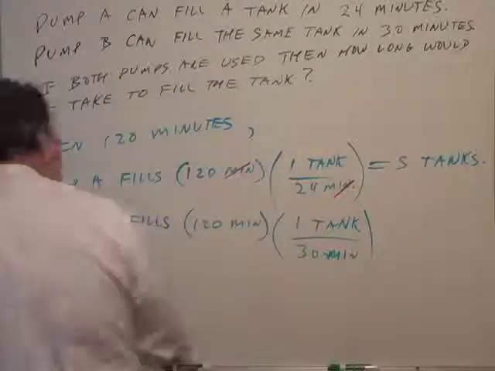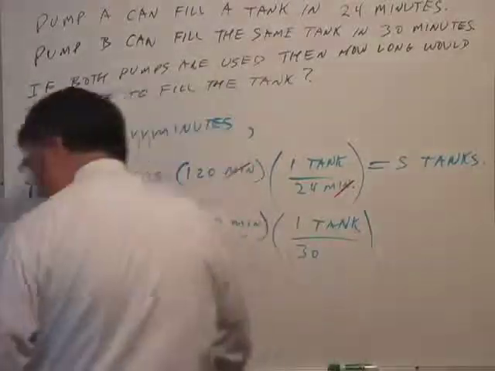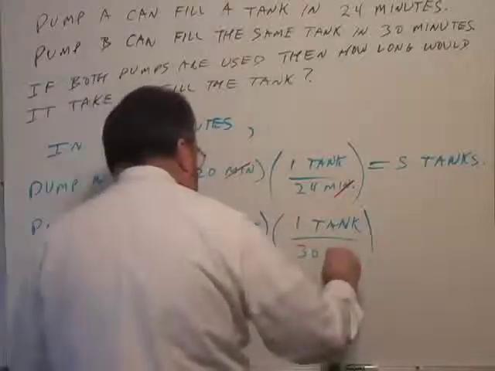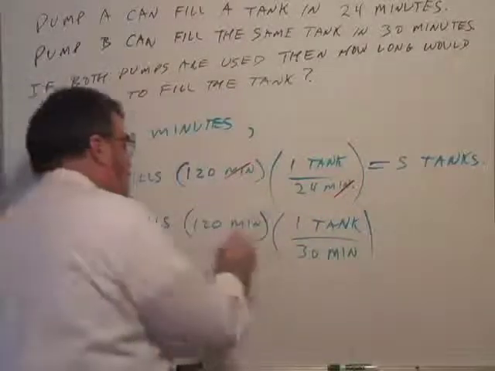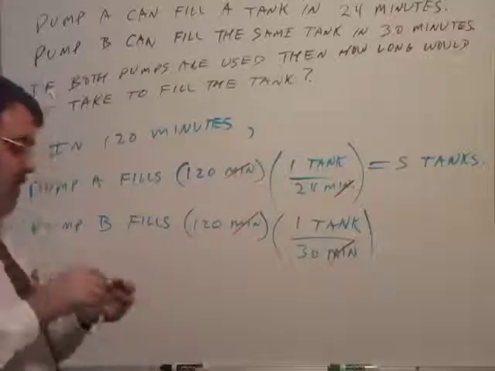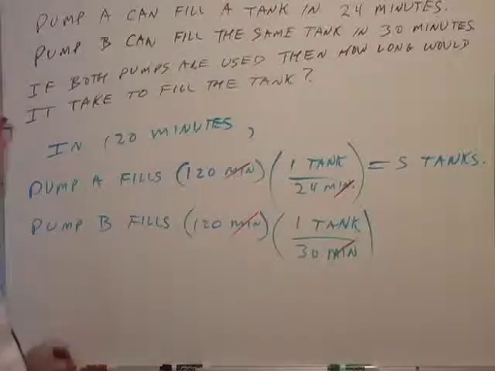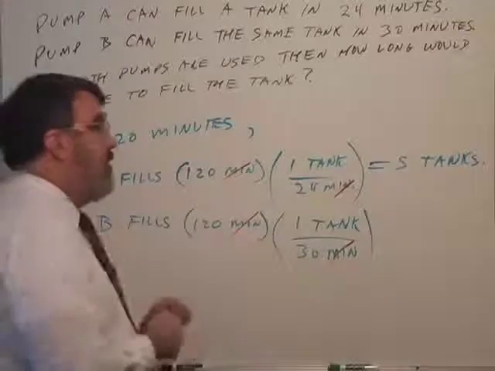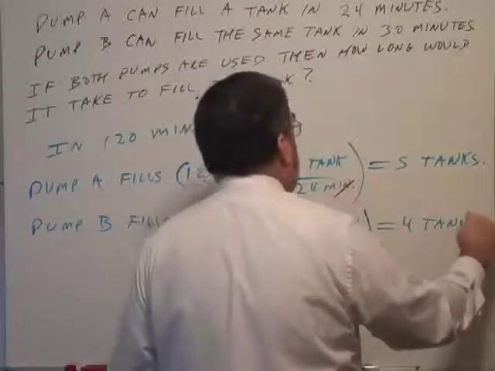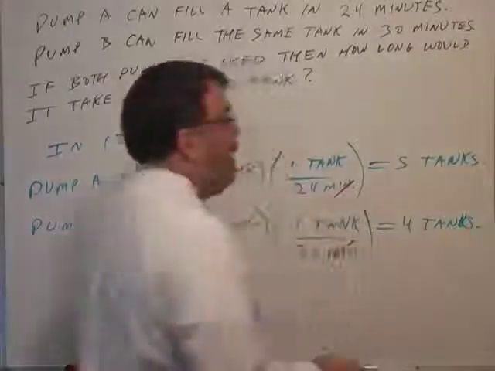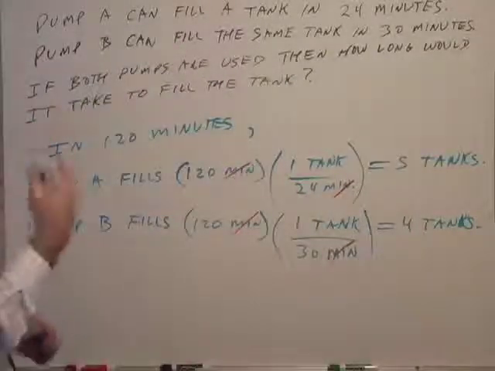I'll try to make this a little more legible down here. And again, the units cancel. And my 120 was chosen for convenience, because 120 divided by 30 is 4. 4 tanks. Now I'm writing all this in words because this is how I'm thinking through it.